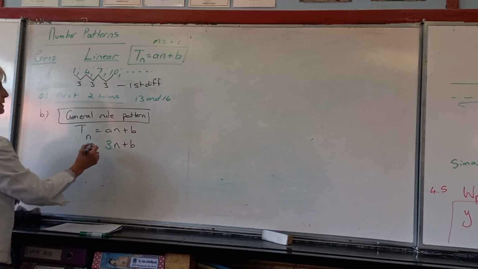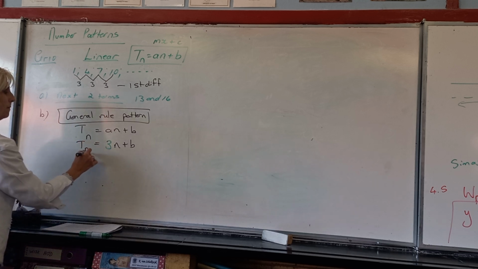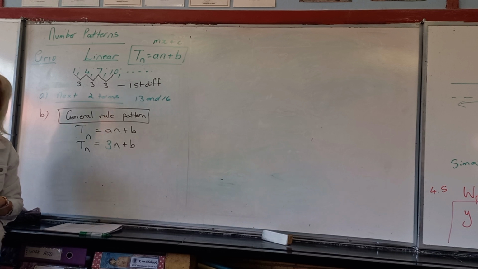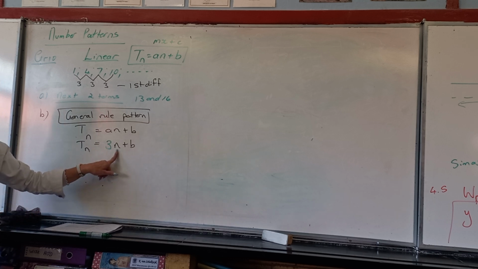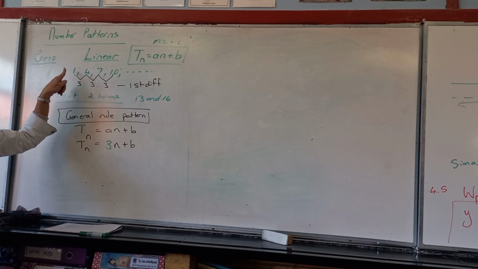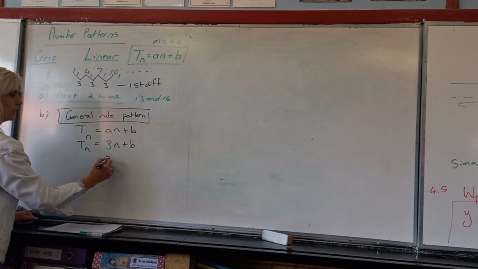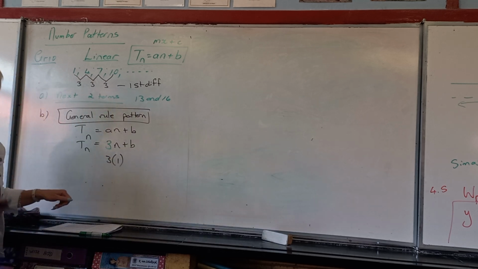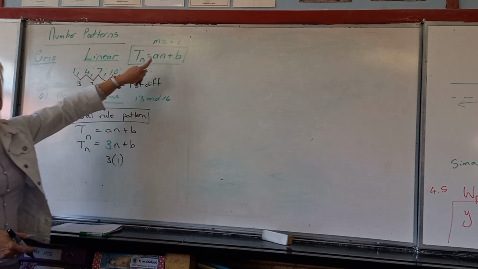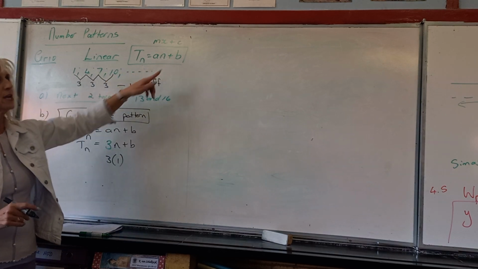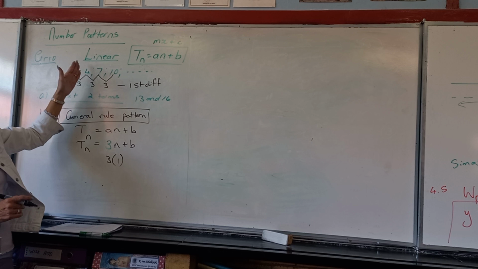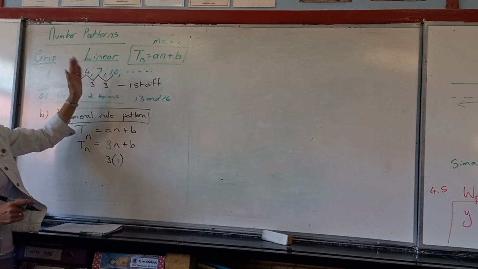Then how do we find B? What were you taught? Substitute? Anyone, you're quite right. But the logical one would be to substitute n with 1. Alright? So if you substitute n with 1, what does n represent again? The position. So this is term 1, term 2, term 3, position 1, 2, 3.